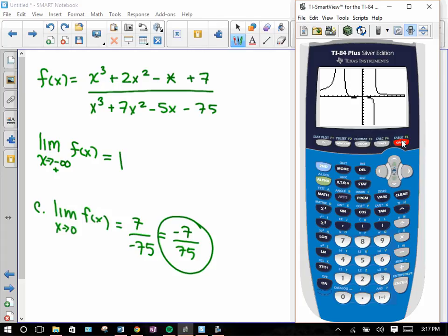Now, it says state all horizontal and vertical asymptotes. Vertical asymptotes are going to be right here at negative 5 and positive 3. Horizontal asymptotes, you already know what that is, right?